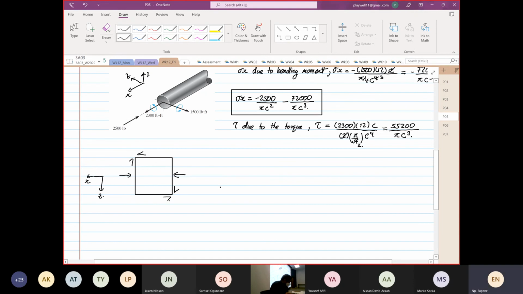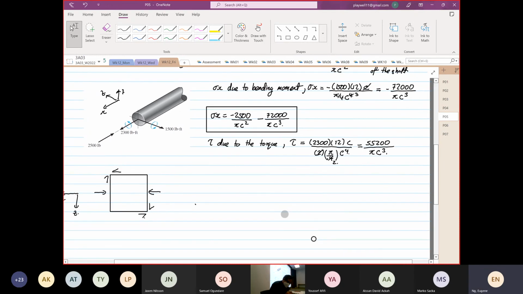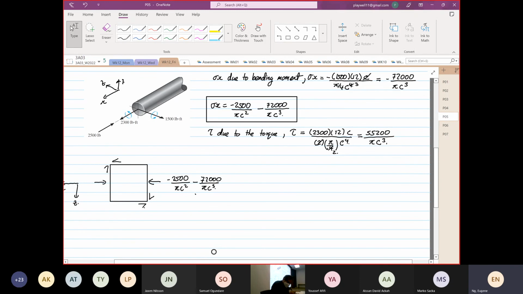So from here, we know that our stress X is equal to minus 2500 over pi c squared minus 72,000 over pi c cube. And our shear is equal to 55200 over pi c cube.